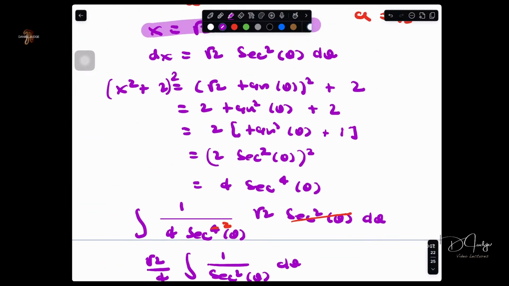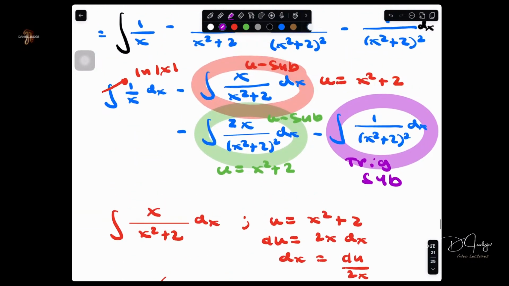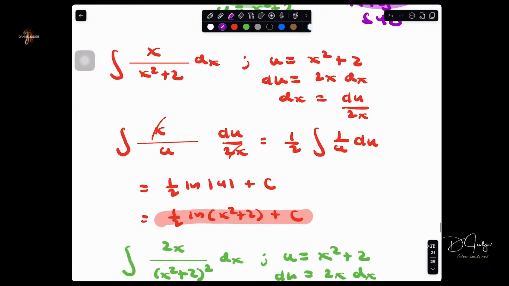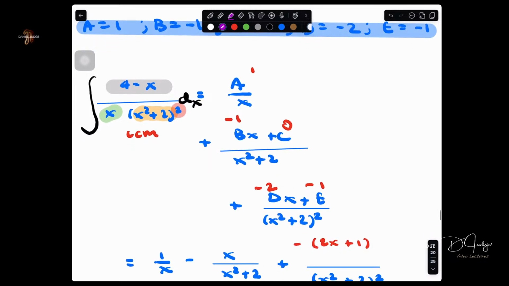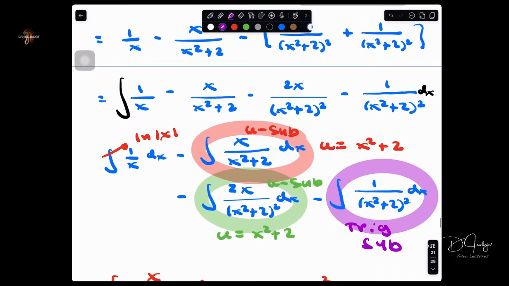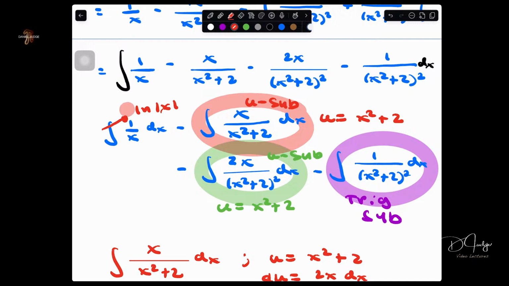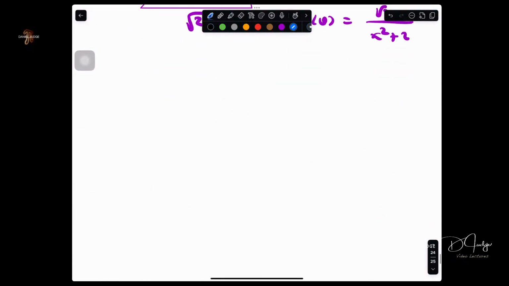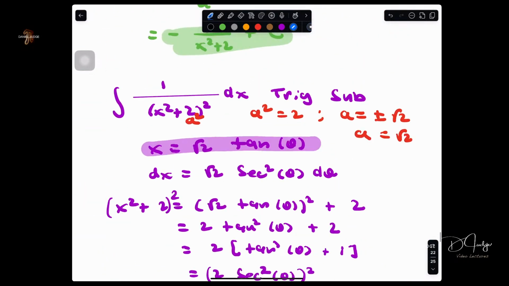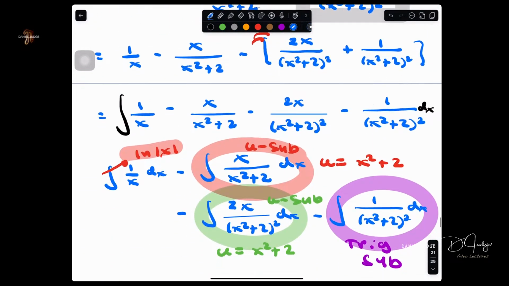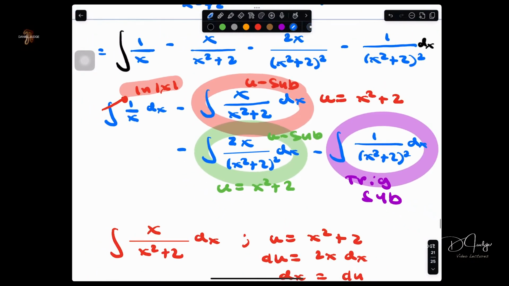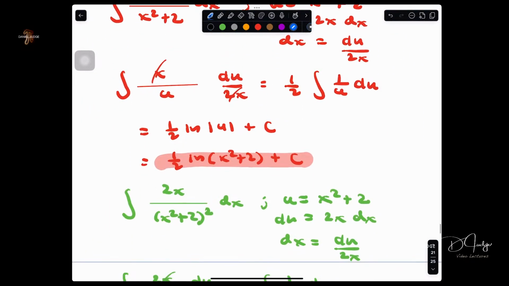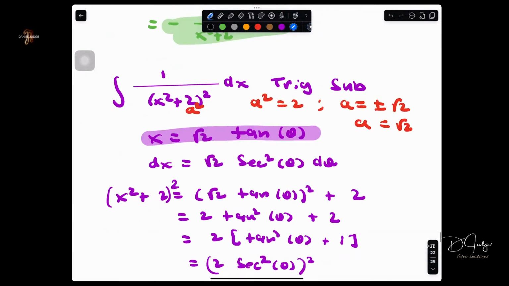Now, just to put this all together, let's not forget we had natural log absolute value of x. And I believe the next term is minus the red integral, so it's minus the 1/2 natural log of x squared plus 2.